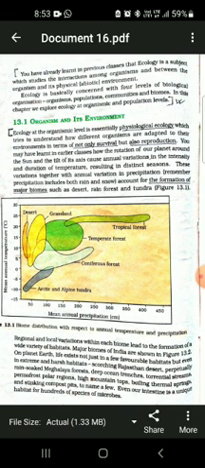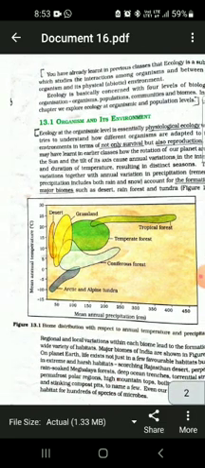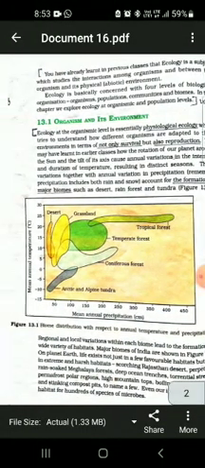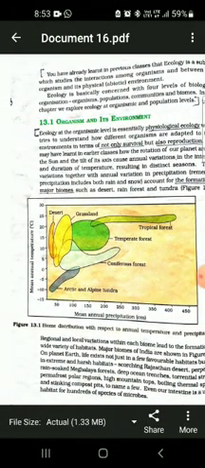Here is the figure. You can see here different biomes with respect to annual temperature and precipitation on the x-axis of the graph, whereas on the y-axis the mean annual temperature is recorded.